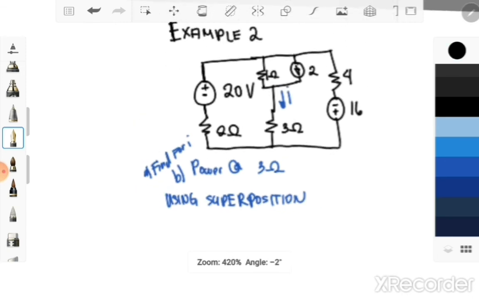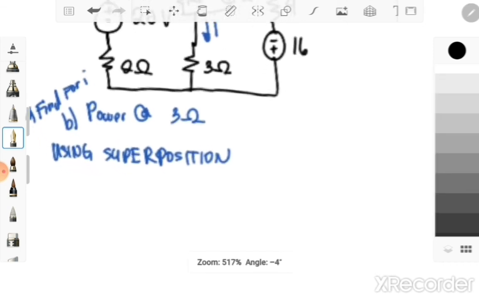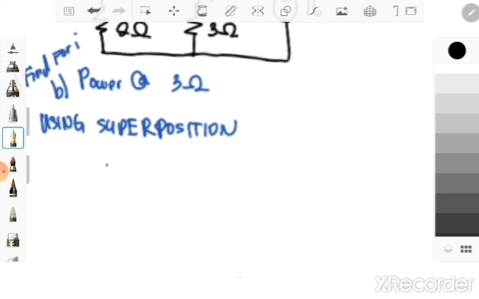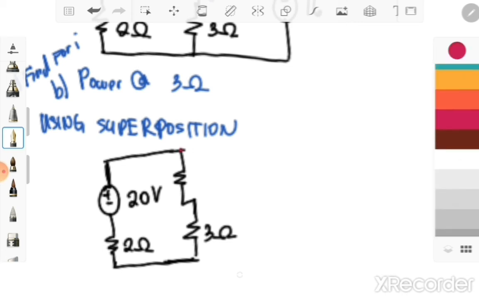So using our 20 volts voltage source, we have an equivalent circuit, which is positive, negative 20 volts, and then a 2 ohm resistor, and then a 3 ohm resistor, and a current I, and also our 1 ohm resistor in parallel with a 2 ampere current source, which will be open.